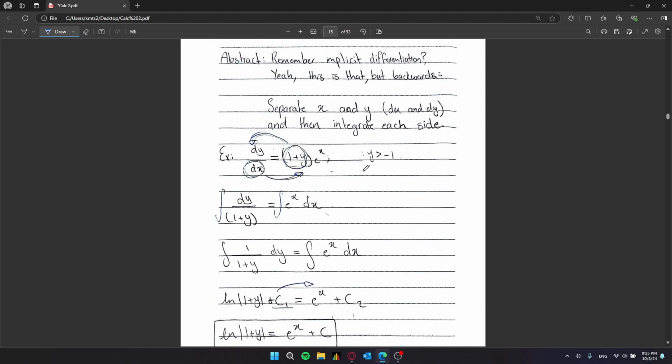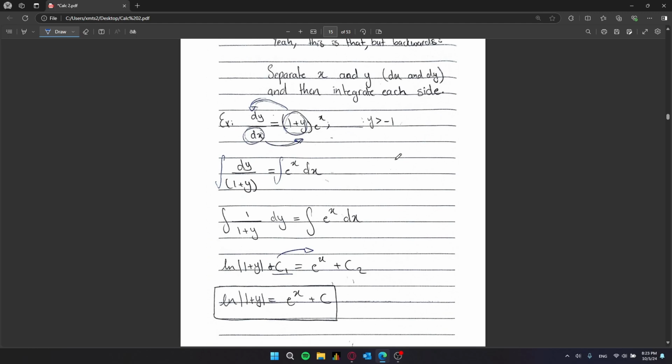So the whole idea of this lesson is to just separate the variables to each side and then integrate both sides. The lesson itself is also very simple. This is mostly just going to be problem solving questions, practice until you get the hang of it.